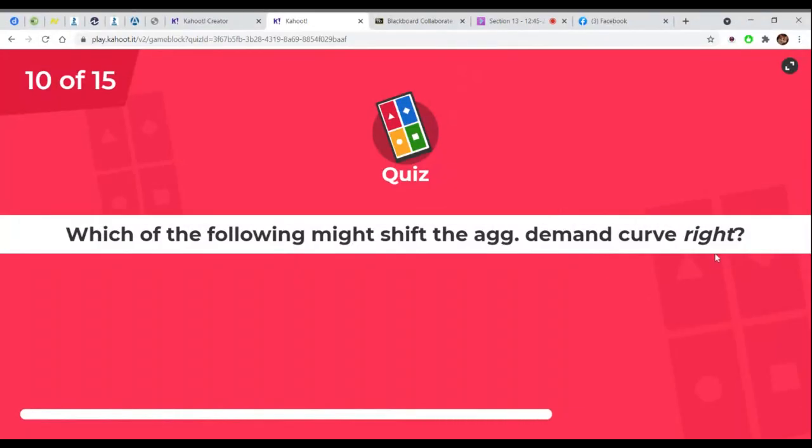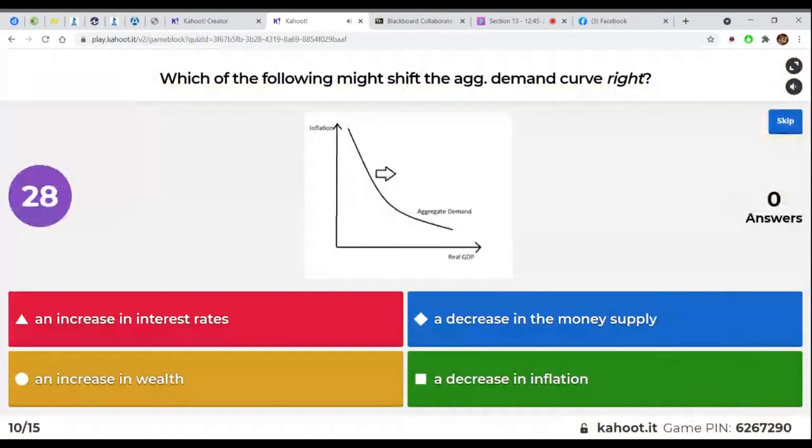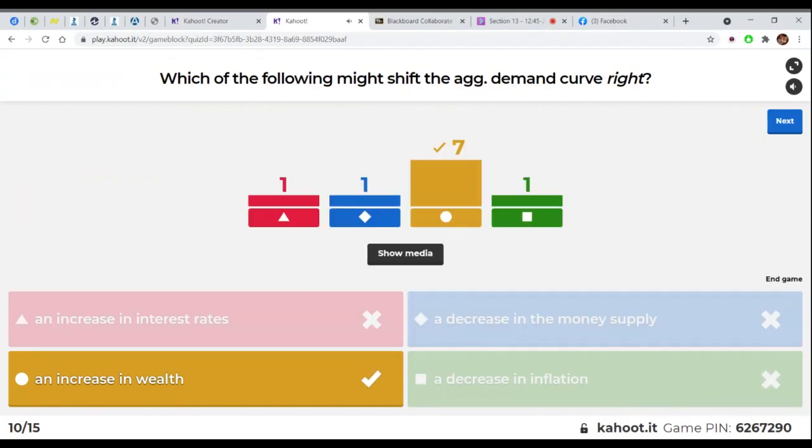Which of the following might shift the aggregate demand curve to the right? An increase in interest rates, a decrease in the money supply, an increase in wealth, or a decrease in inflation? Can't be a decrease in inflation because that's already in the figure. It has to be one of the others, and it's an increase in wealth.